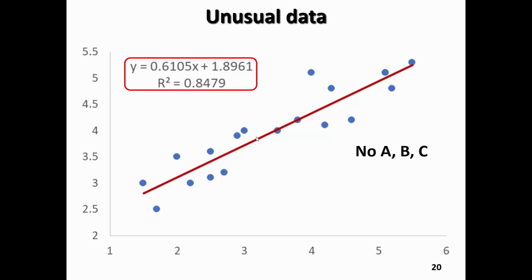Yes, we have scatter about the line of best fit, but of the variability of our data along the y-axis, almost 85% is explained by the variability along the x-axis. So now we have a rather strong degree of predictability.